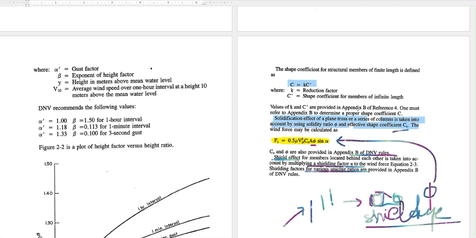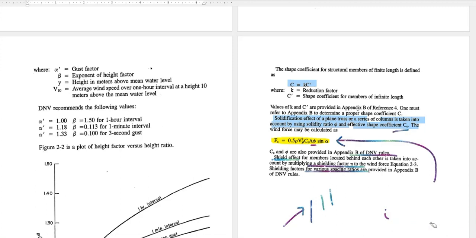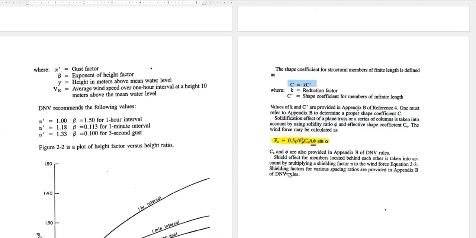The solidity ratio is different from the shielding. Shielding is the immediate vicinity. I think I mistakenly told this one earlier. So for members located behind each other, the shielding effect is taken into account by multiplying by the shielding factor eta. The shielding factor is different.